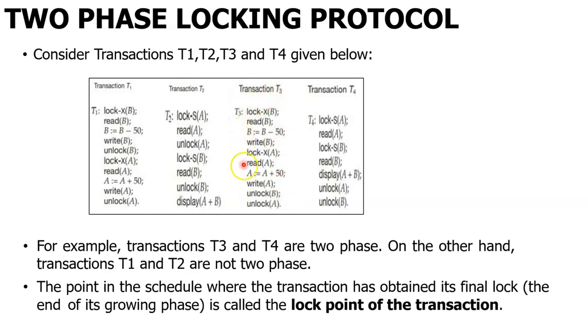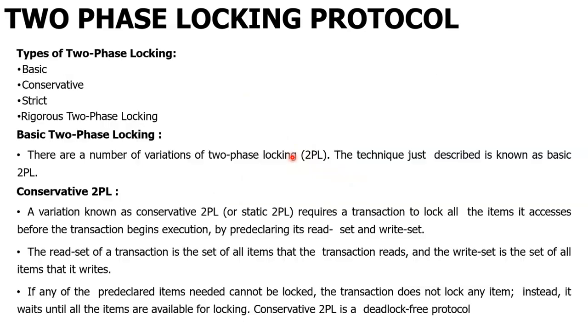So till the second lock it is the growing phase, and the last phase is the unlocking phase. The last end part of the growing phase is called the lock point of the transaction.